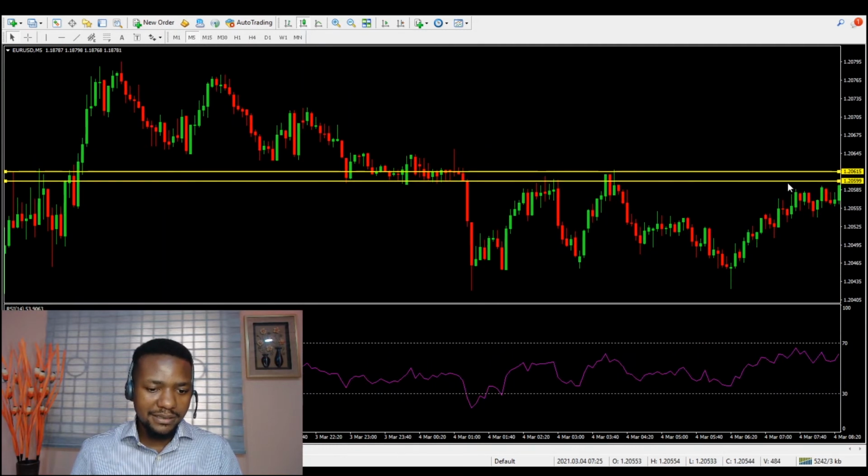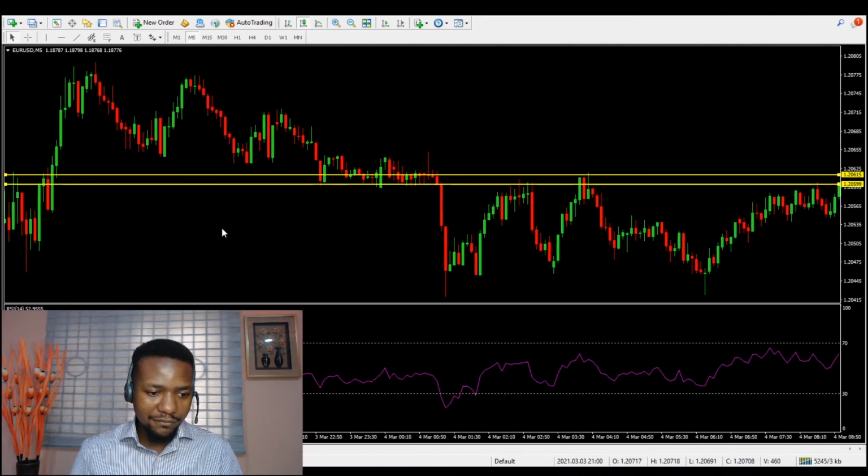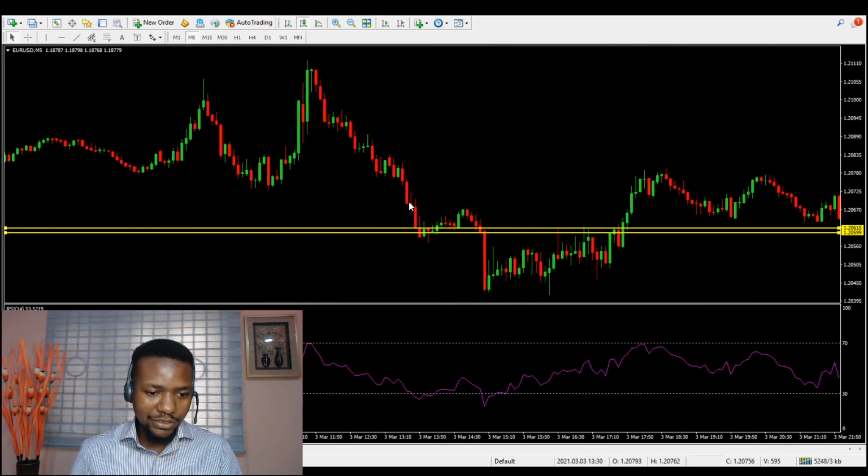Take for instance, this is a resistance line here, but going back few hours, you can see that it has been a support line. When the market came down, it bounced back. It came down again and it broke through, but this is a false breakout. Then what happened next? The market came back inside.